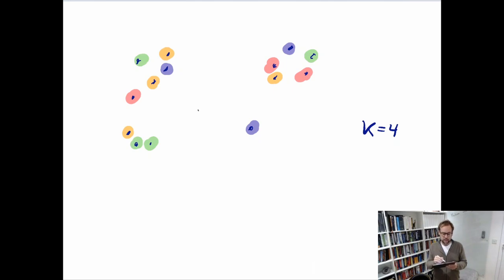Now I have done this, and I can calculate for each of these clusters the centroid. This would be the center of mass. Where, for example, is the center of mass for all the orange points? It's approximately here. Where's the center of mass for the blue points?